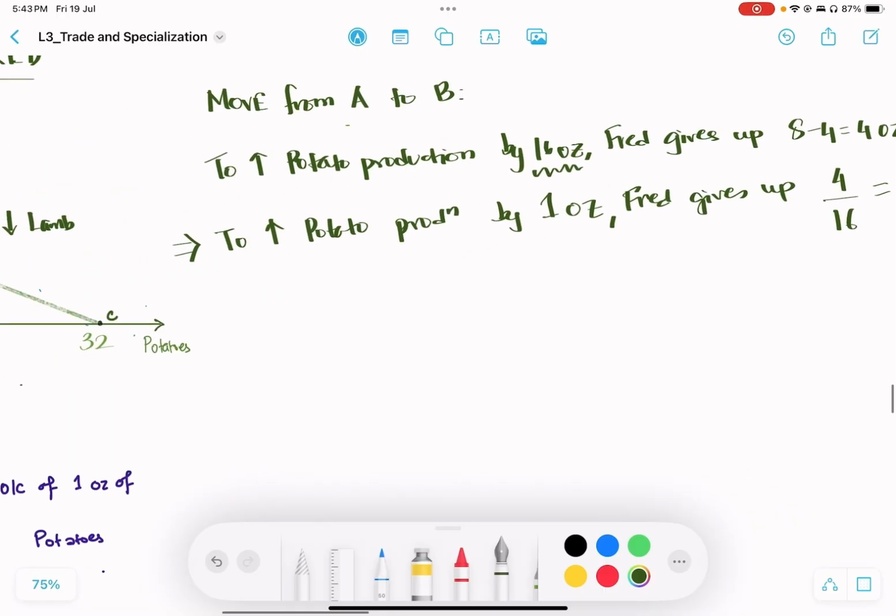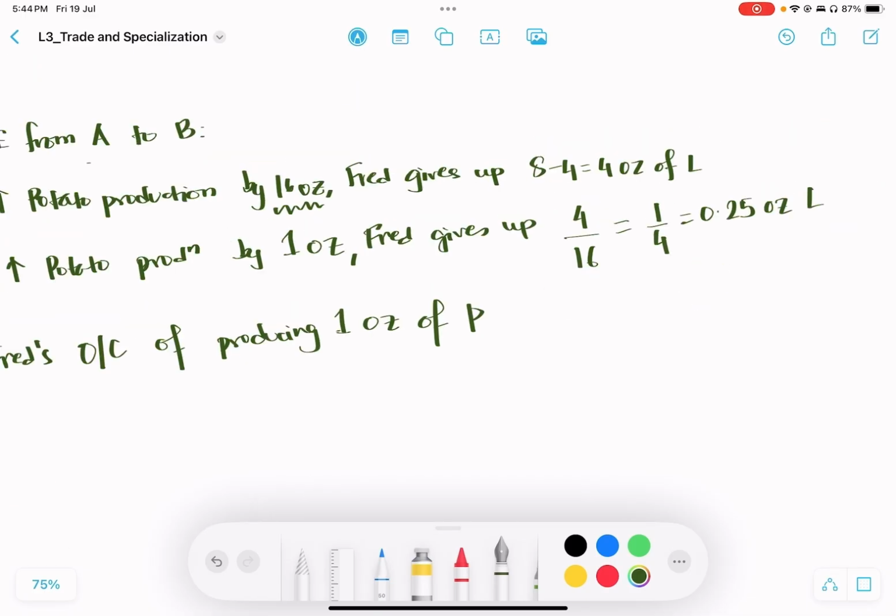All right. So we're basically saying opportunity cost. So Fred's opportunity cost of producing 1 ounce of potatoes is 0.25 ounce of lamb. Okay.